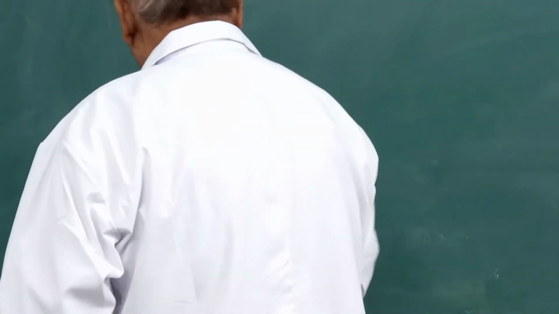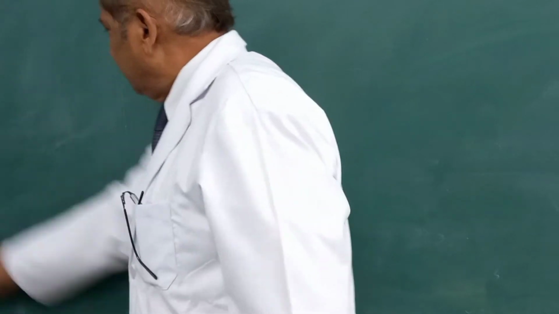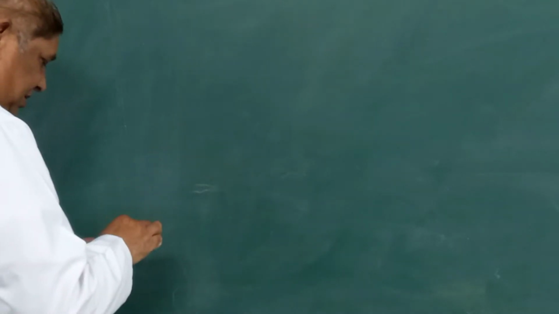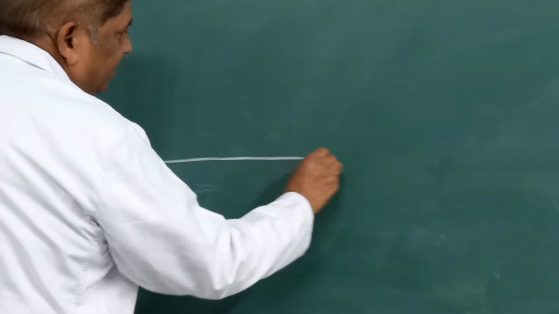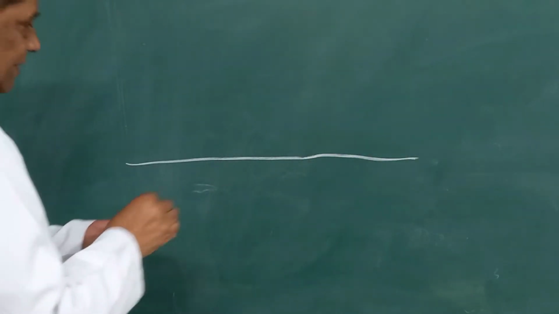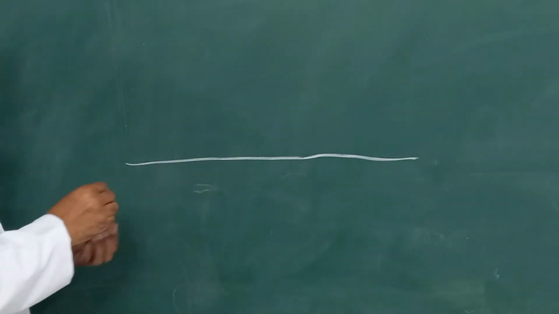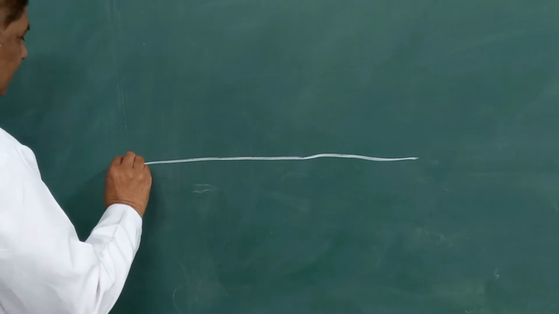As I said, it is the stratified kind of epithelium where the cells are arranged one upon the other. If I draw a simple diagram of the transitional epithelium, say here is the basement membrane, then the transitional epithelium will be lining it.